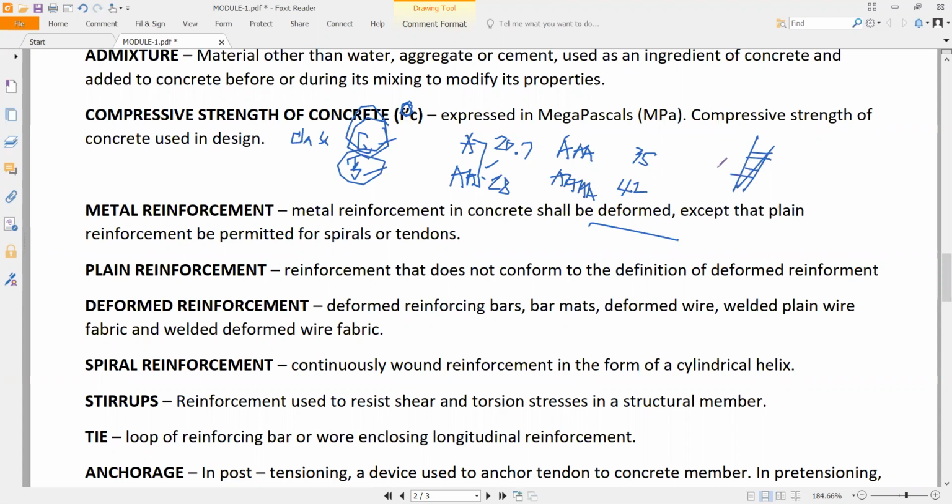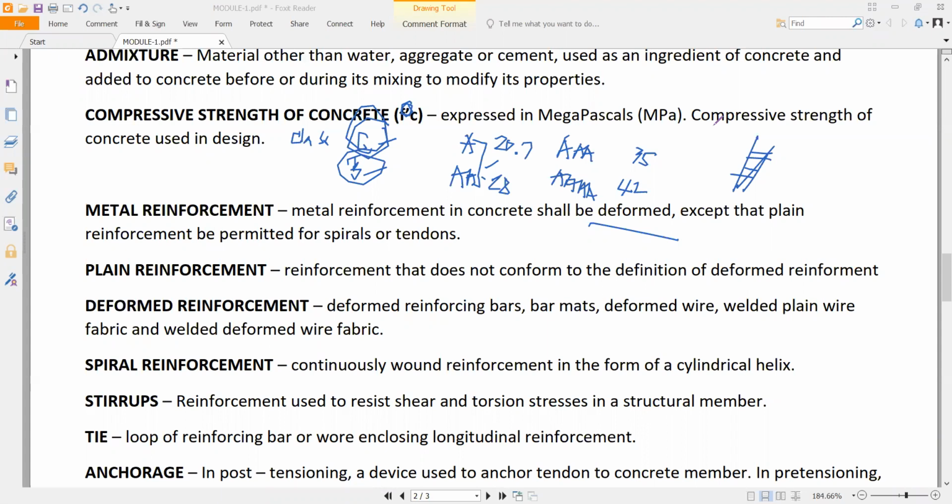So that yung binding ng metal and ng concrete ay matibay. Kaya dapat deformed yung bars natin. Unless sinabi na pwede tayong gumamit ng plain. Pero usually kasi kapag plain ang reinforcement natin, madulas siya. So, ginagamit lang natin yung plain for architectural features.